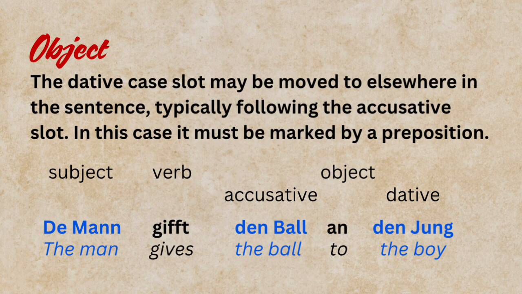The dative case slot may be moved to elsewhere in the sentence, typically following the accusative slot. In this case, it must be marked by a preposition. De man gift den bal aan den jong.